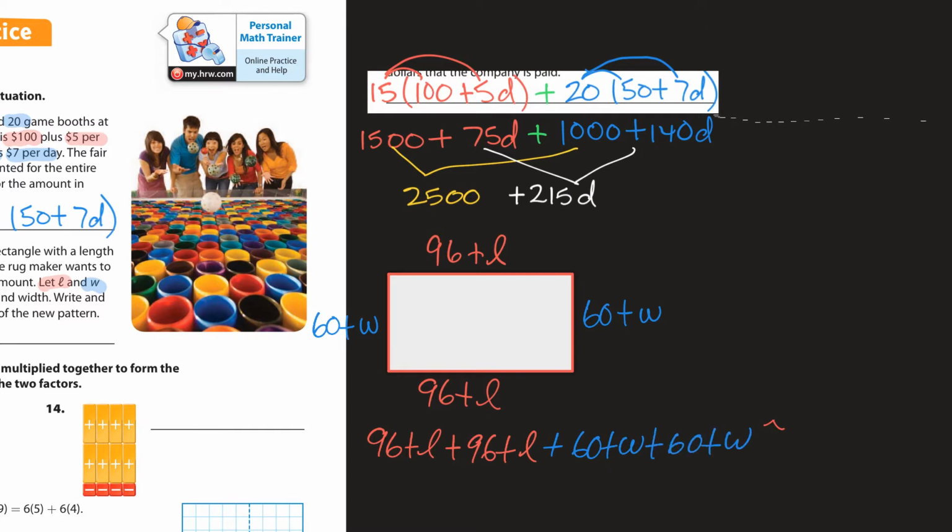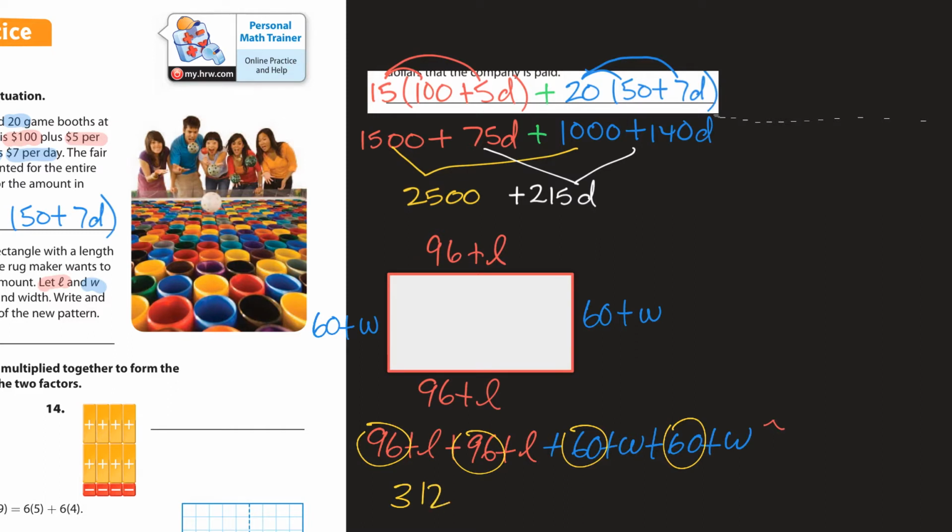And so I'm going to add up 96 plus 96 plus 60 plus 60. I believe that when you add up all those numbers, that is 312.